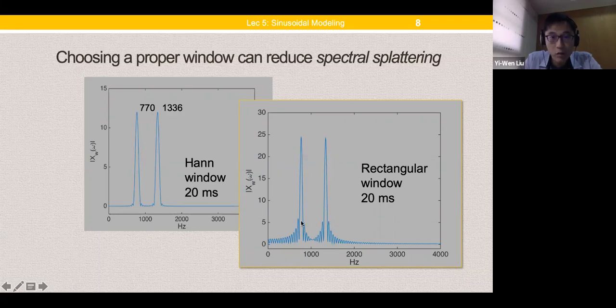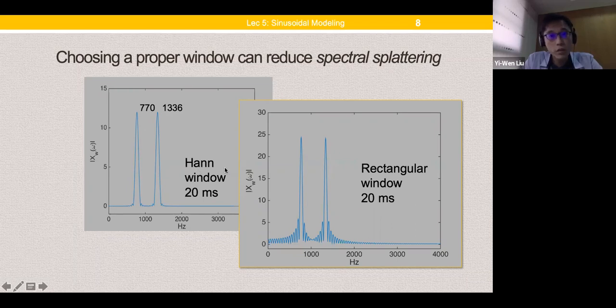These are the side lobes, and they can be confusing, right? Imagine that you're actually looking at the spectrum of a real piece of music, a short frame, and you see peaks everywhere. Which ones are fake and which ones are real? That becomes a hard question to answer. So generally, we don't recommend using the rectangular window.